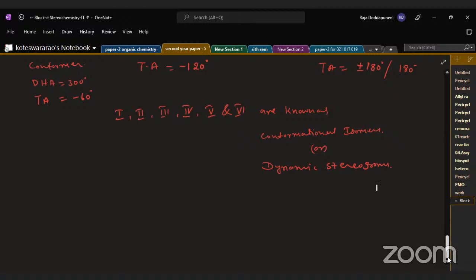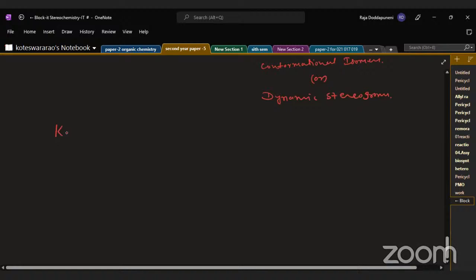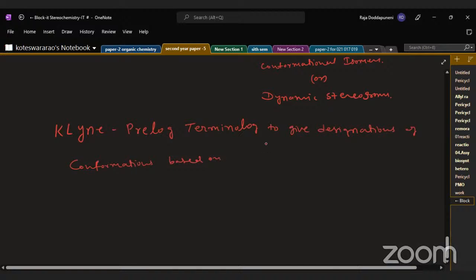Take the heading Klyne-Prelog terminology, K-L-Y-N-E: to assign or give designations of conformations based on torsional angle.